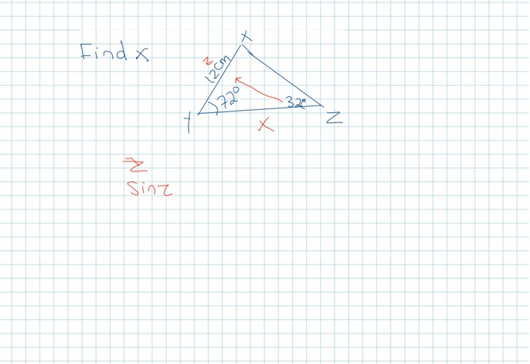To find angle x, I have to do 180 minus 72 minus 32. Or you can add 72 and 32 and then subtract the total from 180. Okay? So what do you get when you do that? 76? So now I know that angle x is 76 degrees.